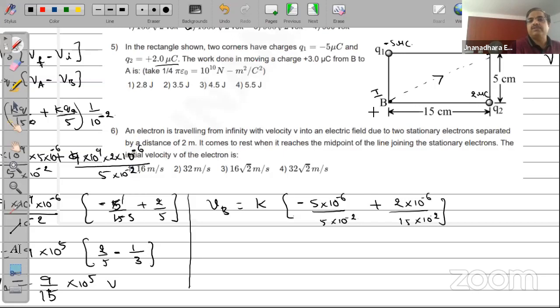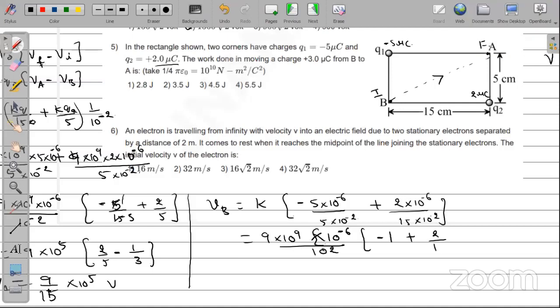Okay, the charges here. So this will be 9 into 10 to the power 9 into, you can also take out the powers outside, 10 to the power -6 divided by 10 to the power -2 into -1 plus 2 by 15.